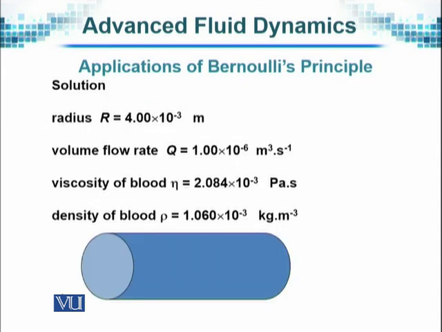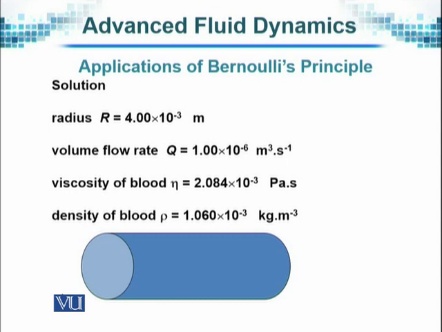As always, first we look at the given data. The radius of the artery is 4 × 10^-3 meters. The volume flow rate is 10^-6 cubic meters per second. The viscosity of the blood, eta, is 2.084 × 10^-3.